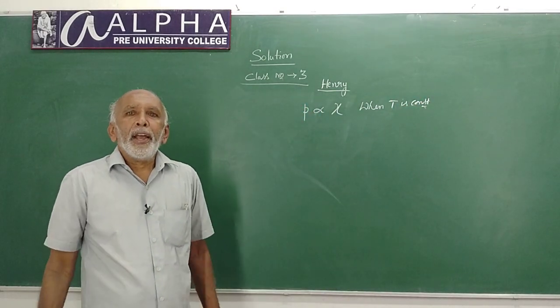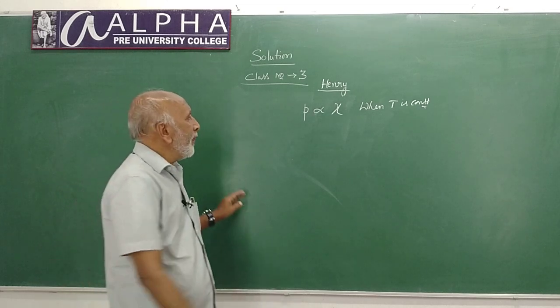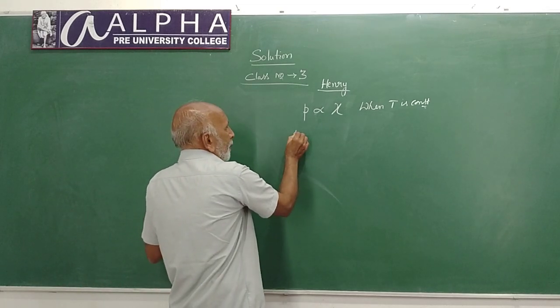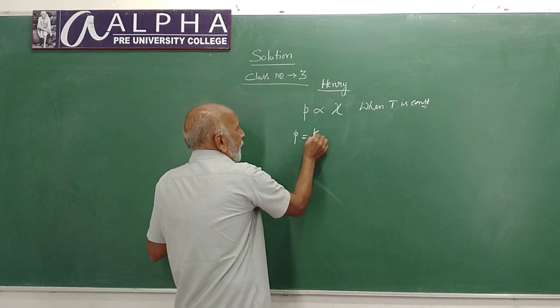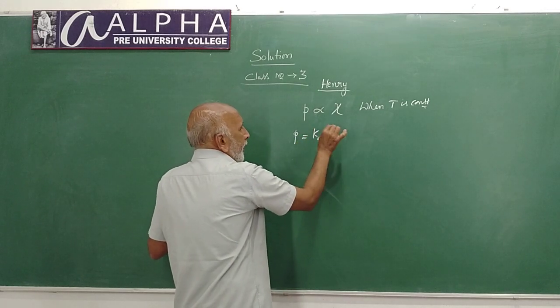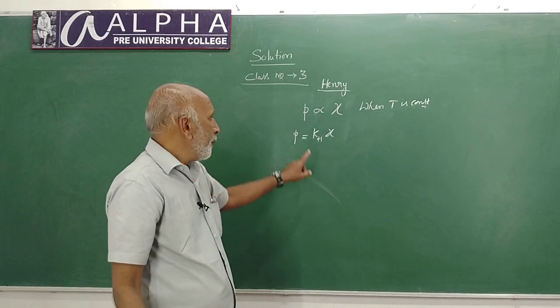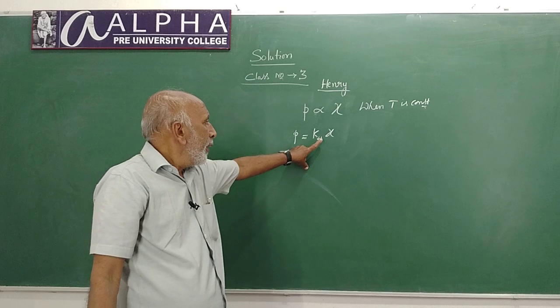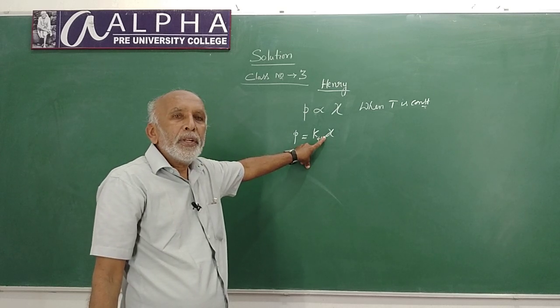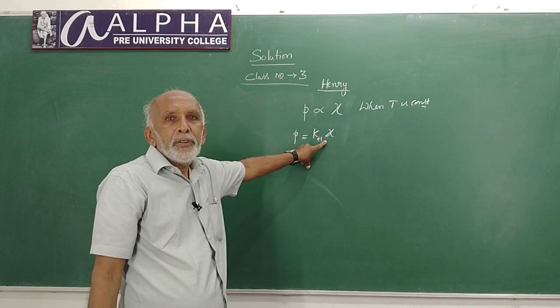This is Henry's law. We can write the mathematical form of Henry's law as P is equal to KH into chi. Here P stands for the partial pressure of the gas, and chi stands for its solubility.